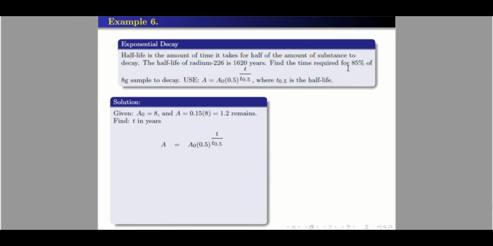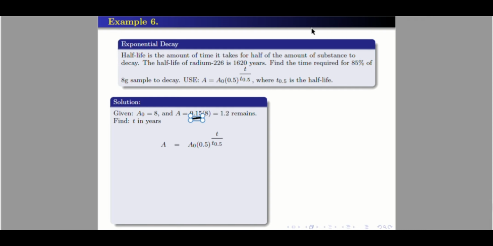Okay, so let's label our A sub 0, our starting amount of the radium, which is 8 grams. Now take note, 85% decayed. So it means only 15% will remain.